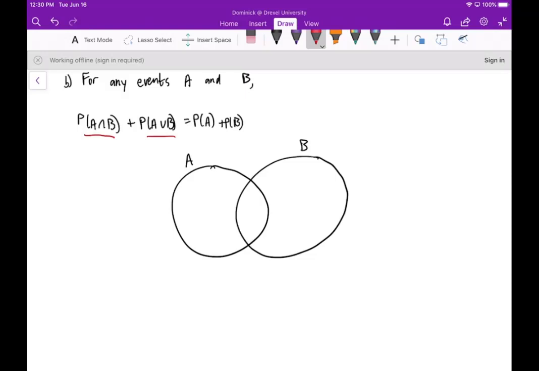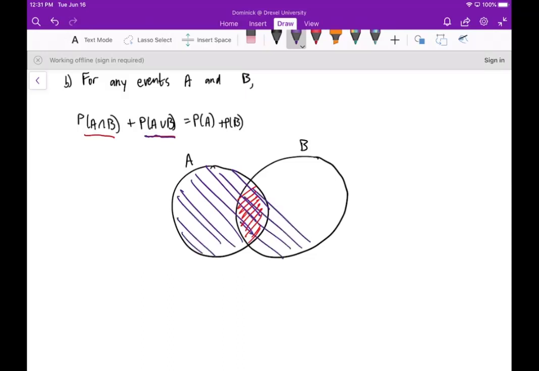Now the probability of A intersect B is of course the region right here, right? Now the probability of A union B, which we'll do in purple, is everything, so it's all of A plus all of B. So it looks like I've counted the middle part twice because I have the red stripes and then I also have the purple stripes.